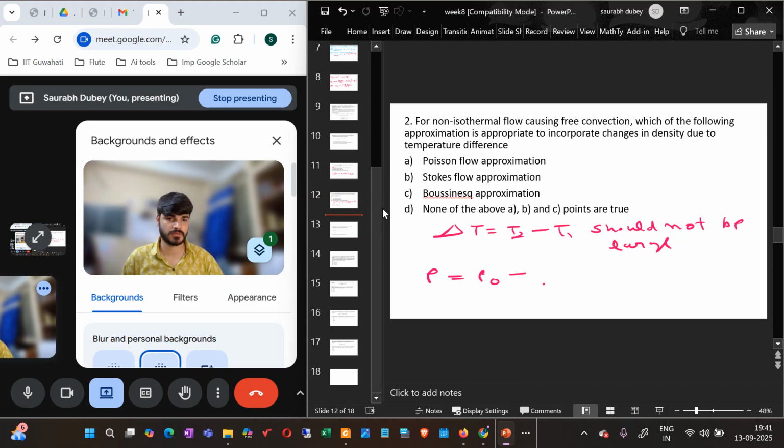So let me just have this. I don't know why it is not working. Rho bar beta 2 minus 2. It is correct. Okay, and now here you see that it is called Boussinesq approximation.